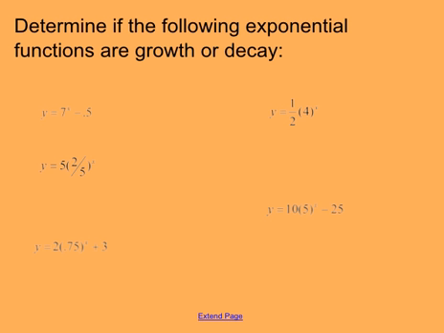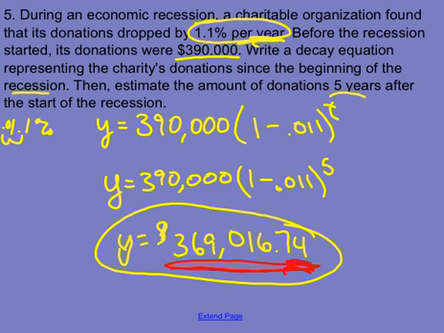So this one says, determine if the following functions are growth or decay. This value, 2/5, that is less than 1, so that's going to be decay. So what I haven't really talked about is this was 0.989.